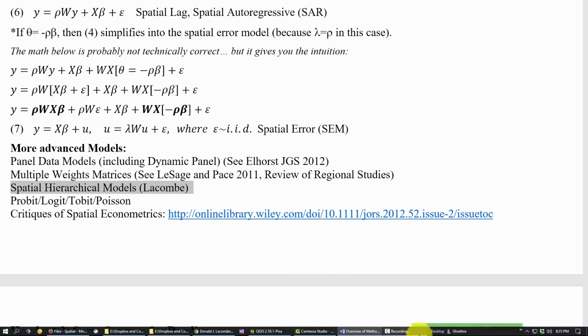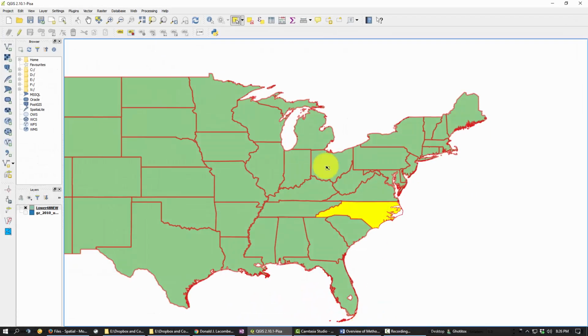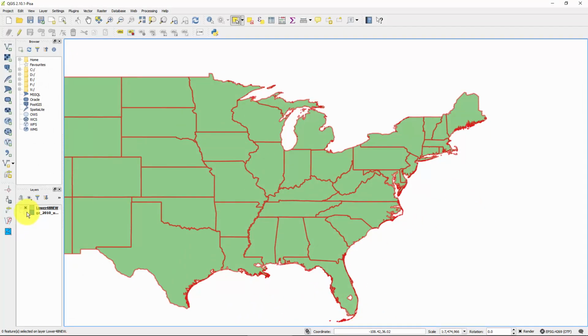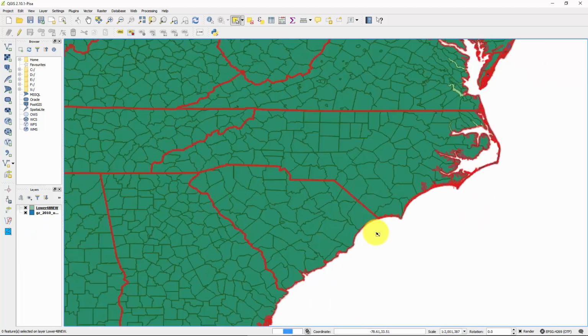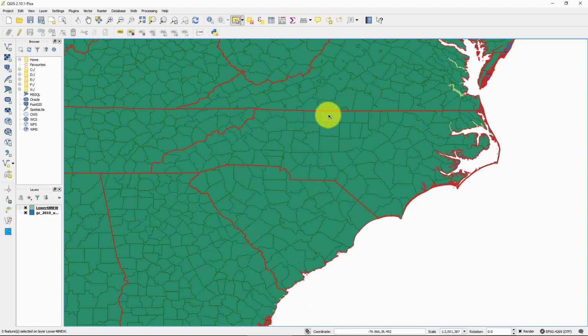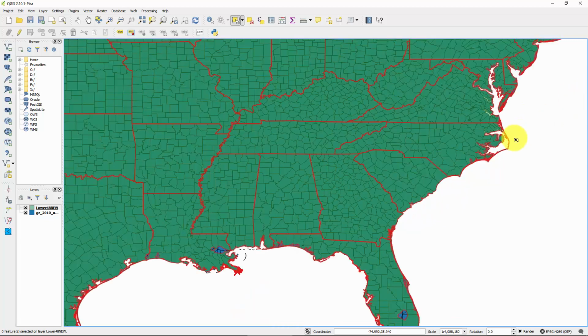Let me show you a visual of what that might look like here. Spatial hierarchical model says you have, say, 2 levels of geography that you're interested in. These smaller regions here are counties, and the larger regions are states. A spatial hierarchical model would say that within a state, there's a spatial relationship, that counties affect each other within the state.